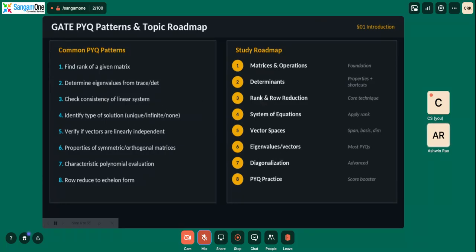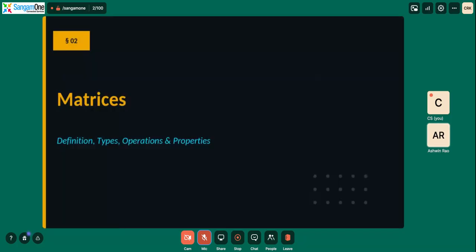Rank finding, eigenvalues, consistency, and linear independence are the main topics there. The roadmap is arranged from foundation to advanced topics so that you can prepare accordingly, from the basic foundation to advanced practice. Moving on to matrices.